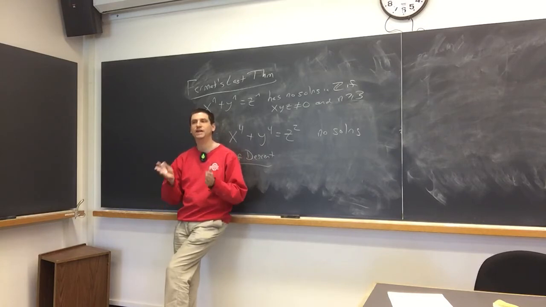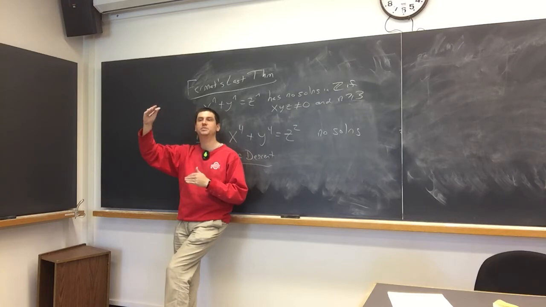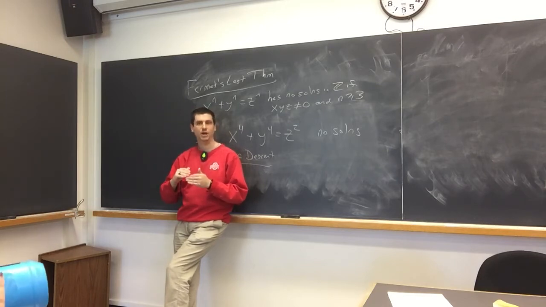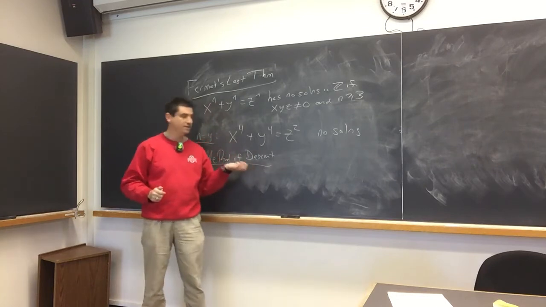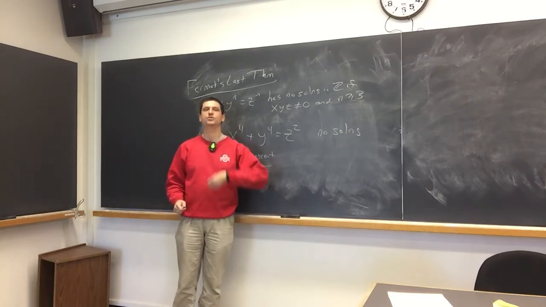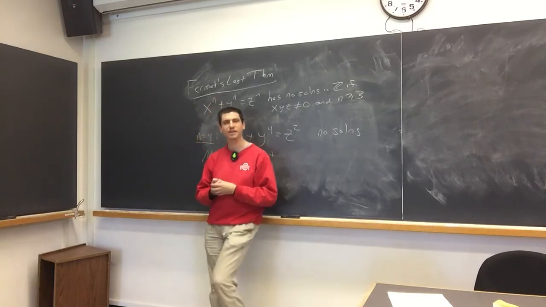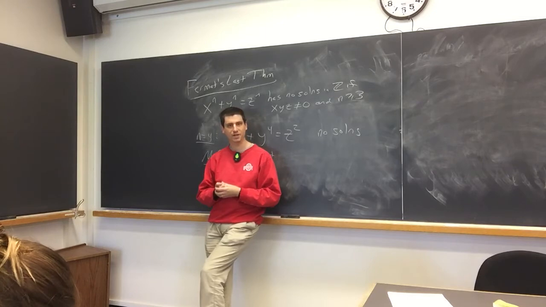And there are only finitely many solutions with height at most a certain value. And if there's only finitely many, there's got to be one with the smallest height, or maybe several. What you show is that if there is a solution, you can always find a solution with smaller height. Therefore, you can find infinitely many solutions, and that contradicts the fact that there should only be finitely many solutions of a given height.